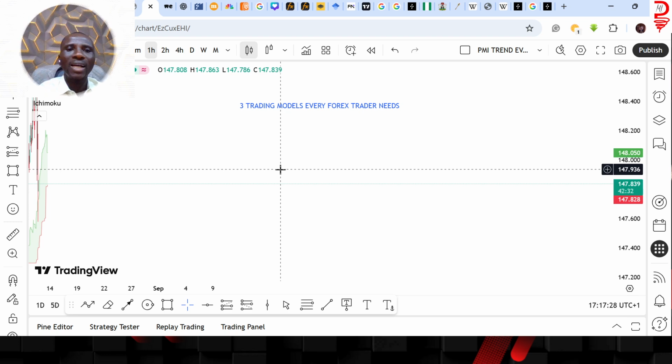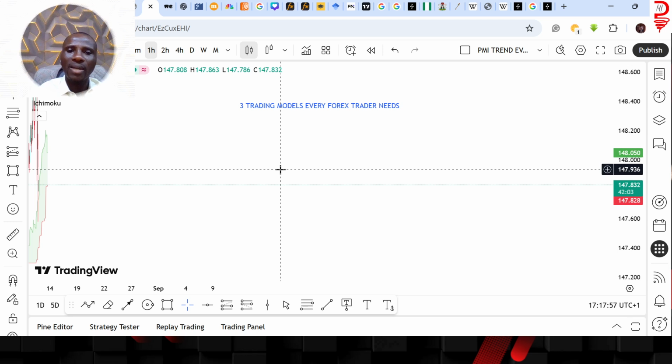And because of that, coupled with the fact that most of them might not really have clarity or a system that they want to trade, they tend to just gamble the capital. Then, because they often lose the money, they say forex is a scam, or that it's not working, or that it's not the way to go, or that forex is not for me.